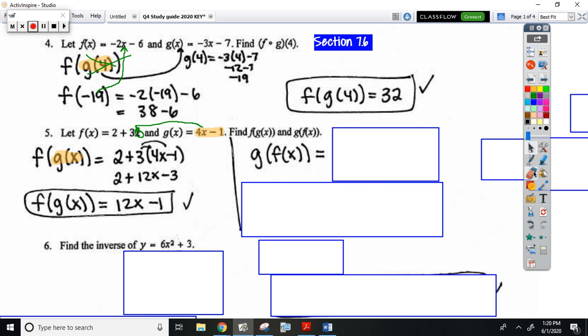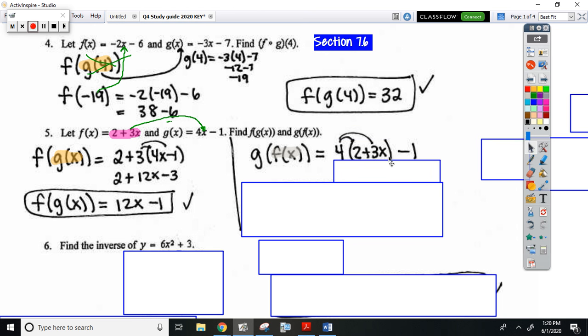For the second part of the question, they ask us to go the other direction. So they want us to do g of f of x. So in this case, we're going to start on the inside, which is our f of x function, and we're going to plug that into x in the g of x function. So we should have 4 parentheses, 2 plus 3x, close our parentheses, and then our minus 1.